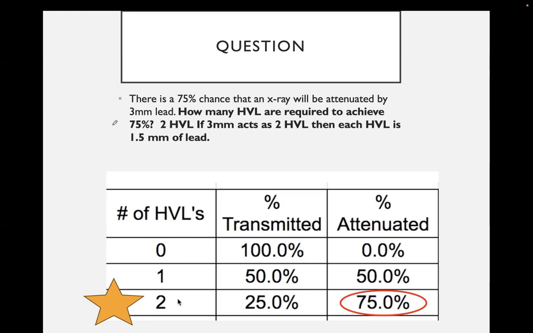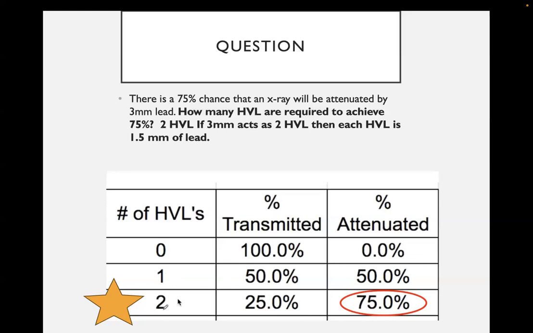So they're saying the answer is 2 half value layers, because if you have 1 half value layer, then 50% is transmitted, 50% is attenuated. If you have 2 half value layers, 25% is transmitted and 75% is attenuated. And that's what they're asking you, 75%.